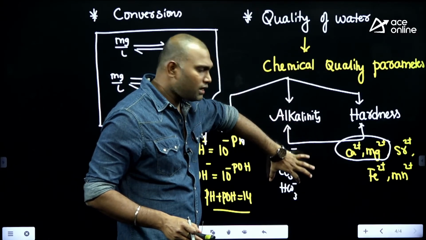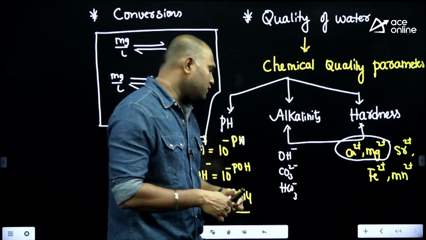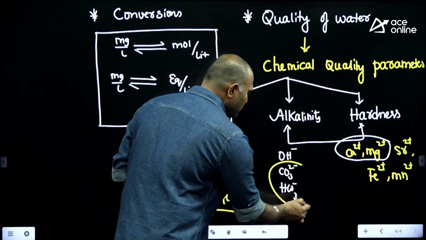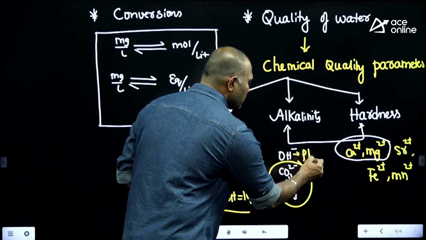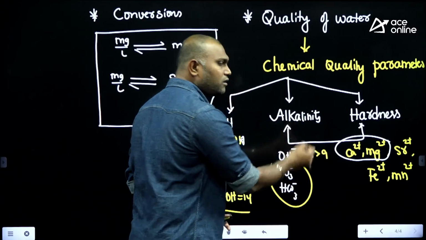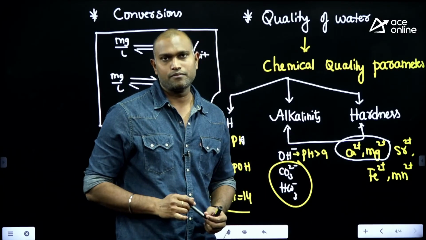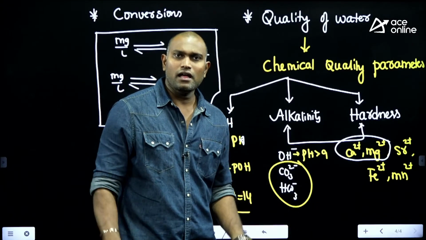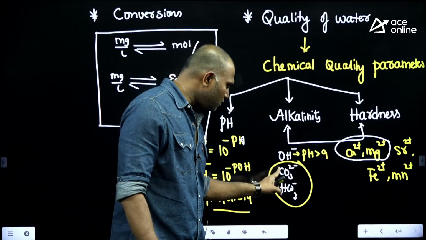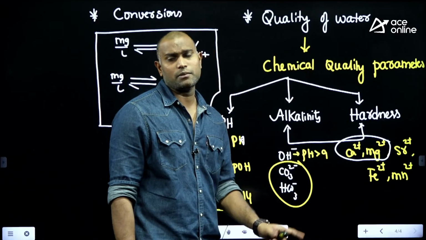Hydroxyl, carbonate and bicarbonate. Out of these also, you are going to consider majorly these two. Why, sir? When the pH of the water is greater than 9, then only OH minus concentration would be there. If the pH of water is less than 9, you simply neglect the caustic alkalinity. We have to take care only of carbonate and bicarbonate.